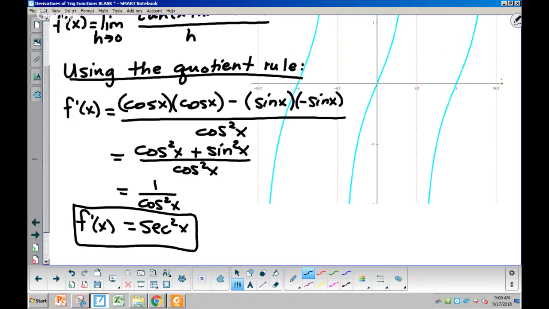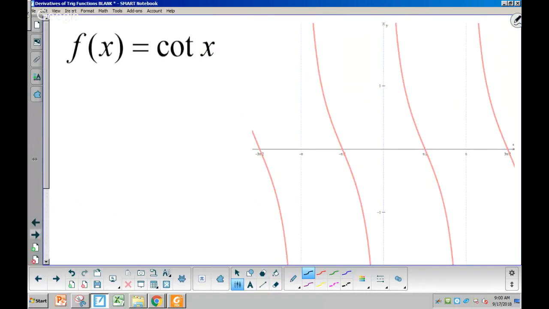On to cotangent. Do we remember the cotangent of a sum? No, so let's use the quotient rule, right, Hank? Exactly. All right, and cotangent is cosine x over sine x.